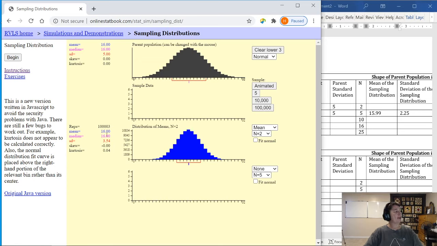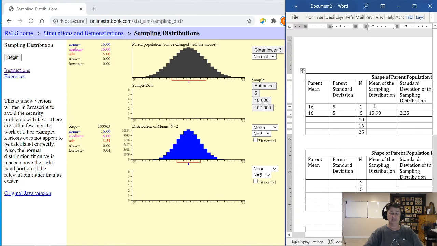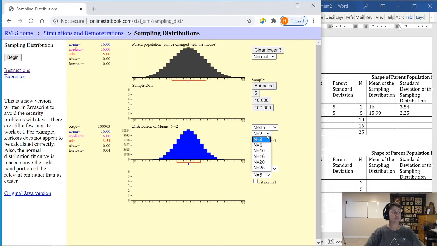But when we compare it to what we just did with the 5, my mean of that sampling distribution is at 16. The median is also at 16. But notice the standard deviation of this thing is a little bit bigger than when my sample size was 5.